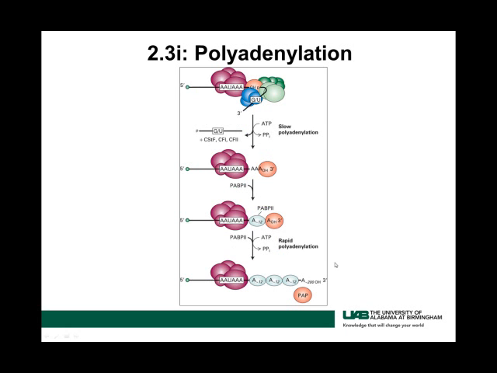Now, let me go back and just review. So you have capping, you have splicing, and you have poly-A tailing. Now, what is the reason for the capping and the poly-A tailing? Well, you can look at it this way. For stability, they make the RNA more stable.